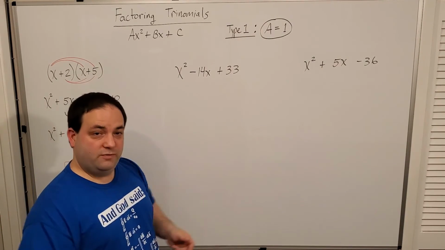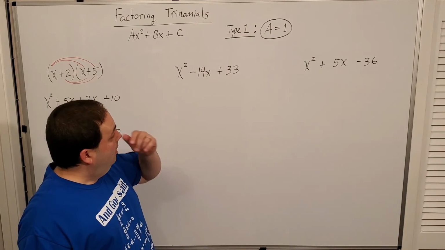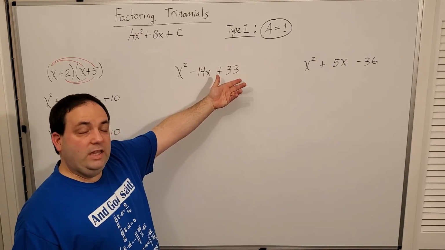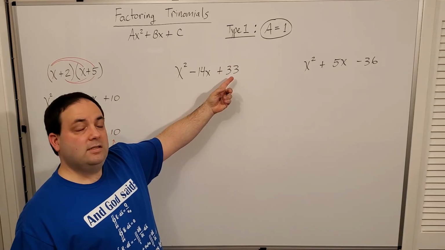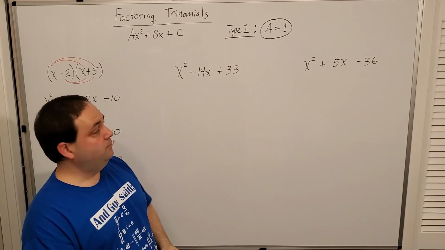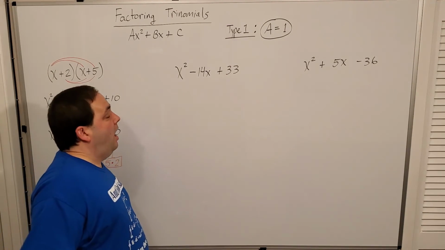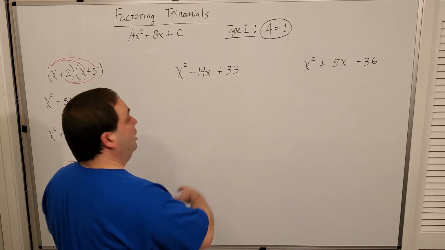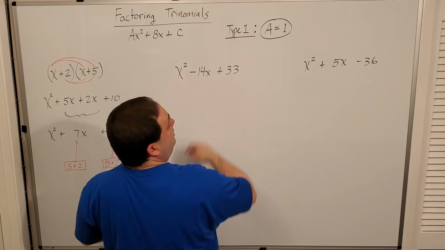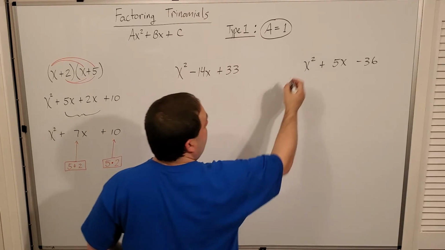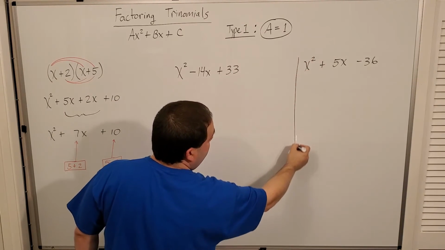Numbers that don't have decimals, fractions, things like that. And so there's going to be a very limited list of things that multiply to get the constant term here. So this is what I do. I write a list on the side of things that can multiply to this number. So let me make a little separator here.